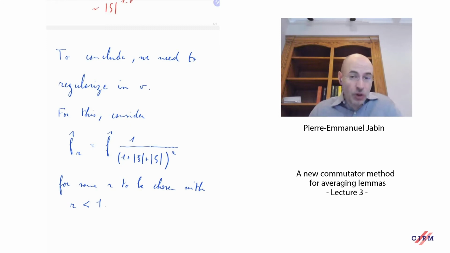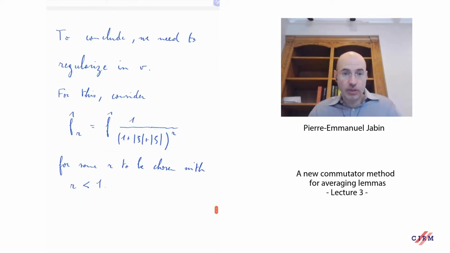And you will want to take this R as small as you can, right? That's essentially going to give you the kind of gain of derivative that you have. So that's really, really essential that R is as small as possible, right?